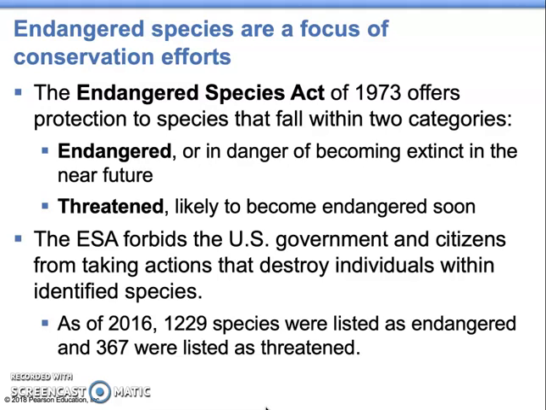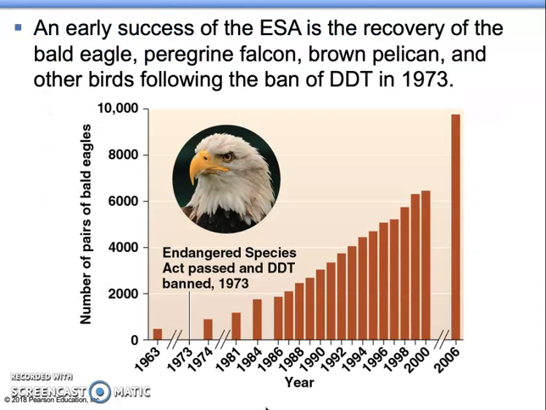As of 2016, over 1,000 species were listed as endangered, and several hundred were listed as threatened. The ESA had a fair bit of early success with very iconic species, including the bald eagle, the peregrine falcon, the brown pelican, which is common along our coasts, and other birds following the ban of the chemical DDT.